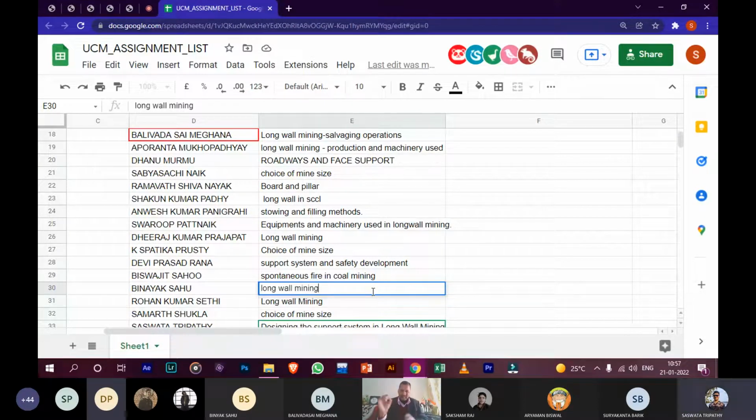Even improvement in the design of the conveyor AFC system, even in the links, right? Even in the shield design, even the canopy design, even in the lemniscate joints. I am telling you all these terminologies where you will see so many hundreds of PhDs on that itself.